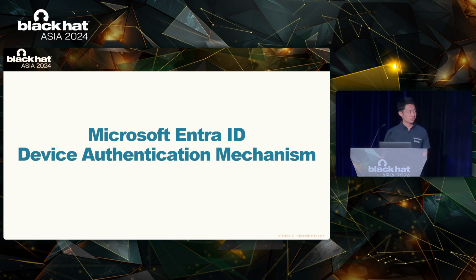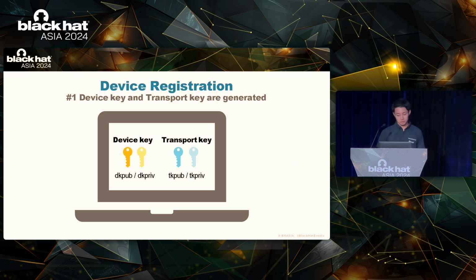To get some ideas for the research goal, let's look into the mechanism of how Entra ID can identify a device during the authentication. The important part of the device identification by Entra ID is the keys generated during the device registration. When a device is registered to Entra ID, two key sets are generated.